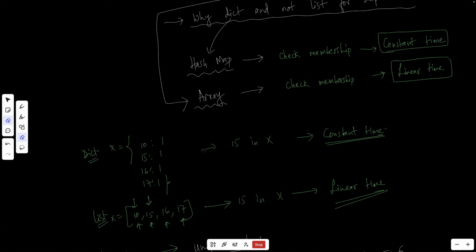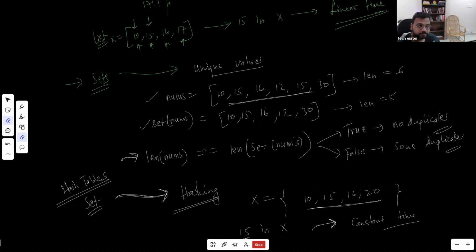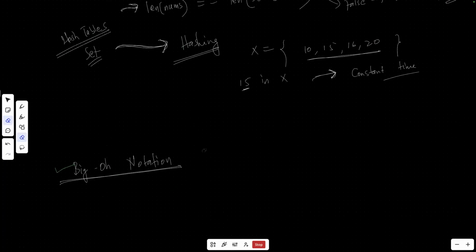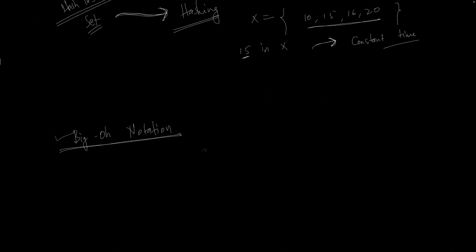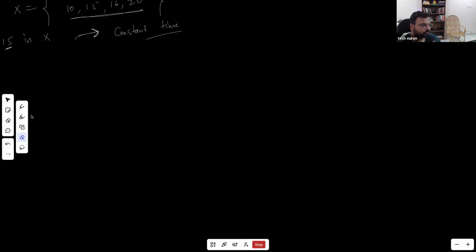Thank you. Sir, what is the difference between constant and order of n, linear? Are both the same or different? Suppose this is a graph. I don't know how much math background you have, but suppose this is time taken and this is input.